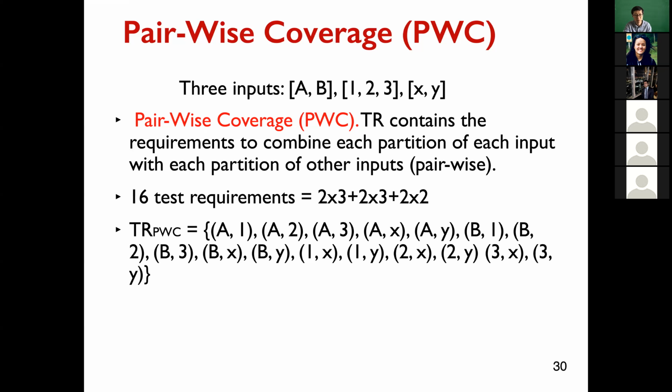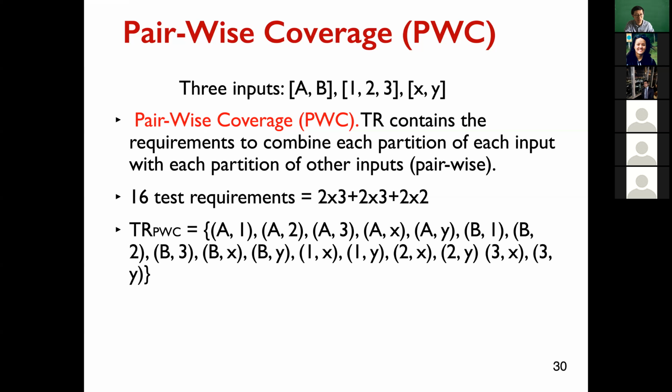And assign random values from the third input. For the pair of the second and third inputs, we do 1x, 1y, 2x, 2y, 3x, 3y, all the combinations of this pair, right? And assign any random value from A, right? And we have how many?